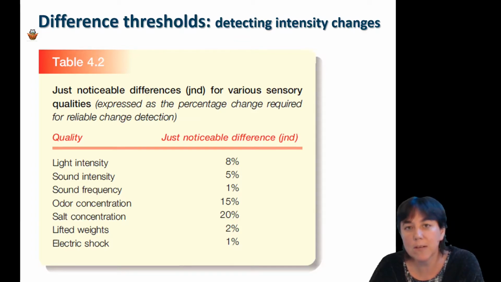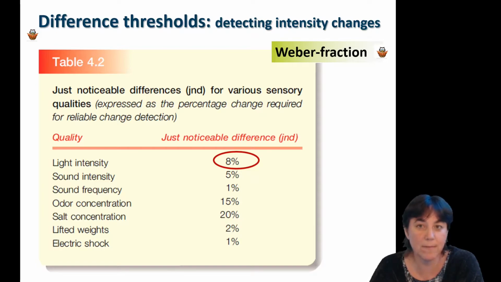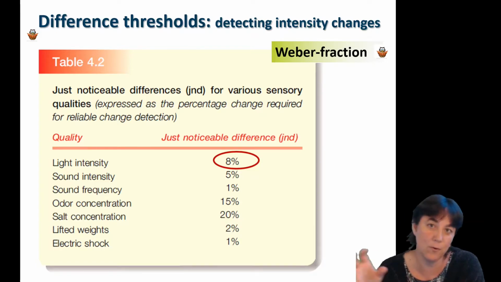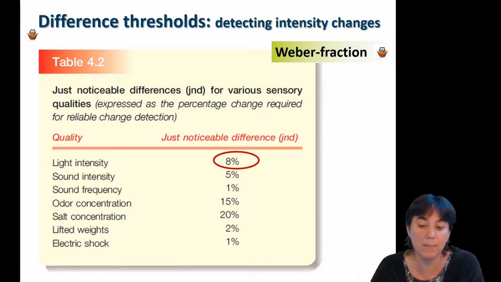And there's also a much more obvious name for this, just noticeable difference. That's pretty straightforward. And it's there in percentage. So for light intensity, that's 8%, what we just said, the 60 to 5 or 12 to 1 is 8%.